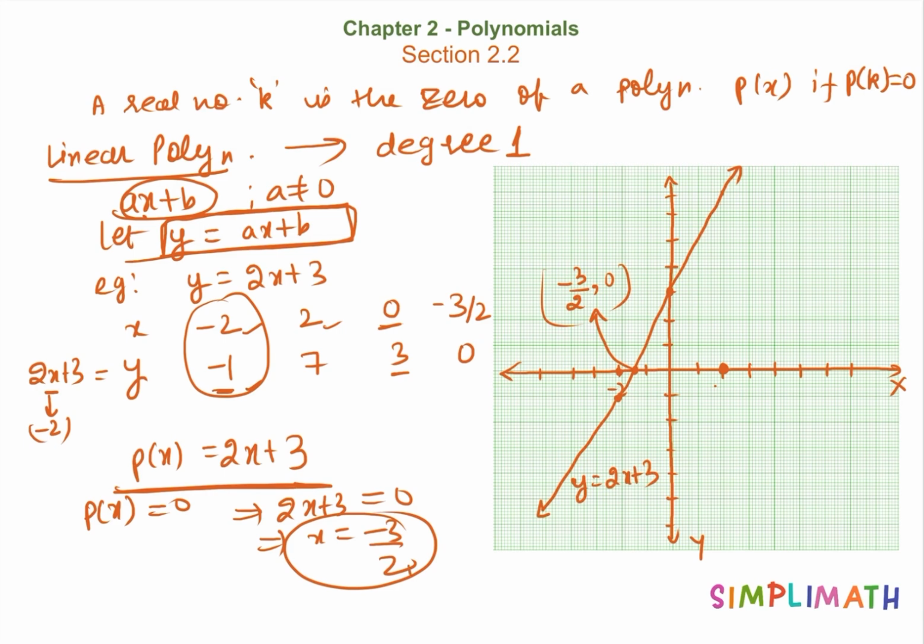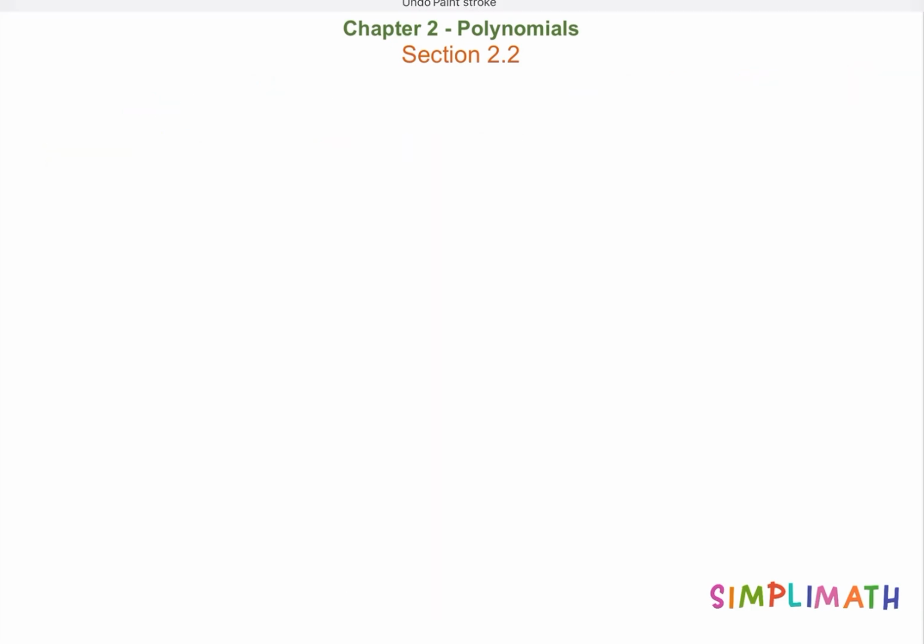This is the same point where the graph intersects the x-axis. So the zero of the polynomial 2x plus 3 is the x-coordinate of the point where the graph of y equals 2x plus 3 intersects the x-axis, right? So this and this point are the same.